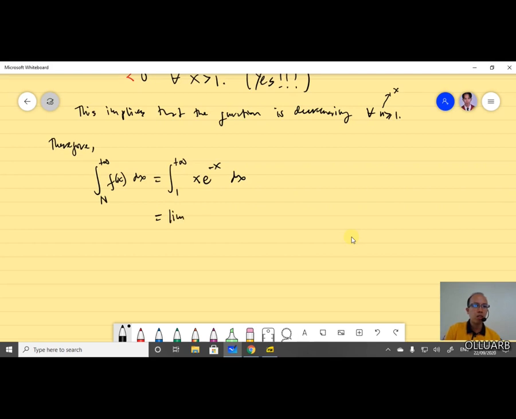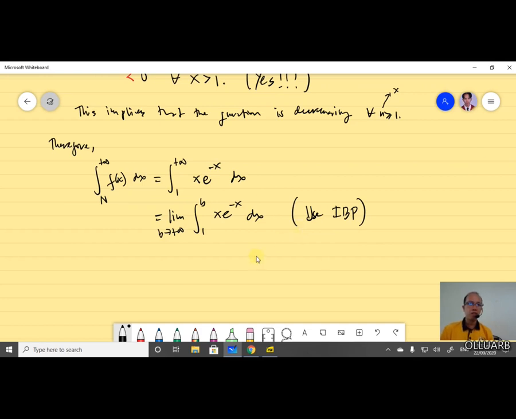We can use the definition of the improper integral, limit as b approaches positive infinity of the integral from 1 to b of x times e to the negative x dx. From here you will use the previous topic, integration by parts.